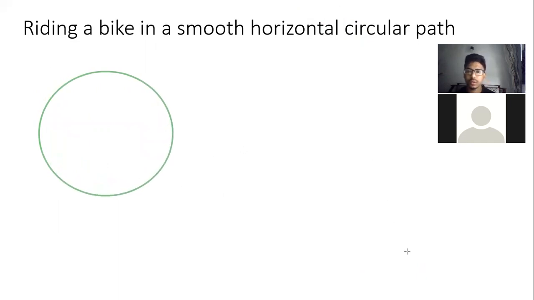In this path, let's say there is a bicycle moving with a constant angular velocity omega. So this is the bicycle from the top, and it is moving with a constant angular velocity omega.